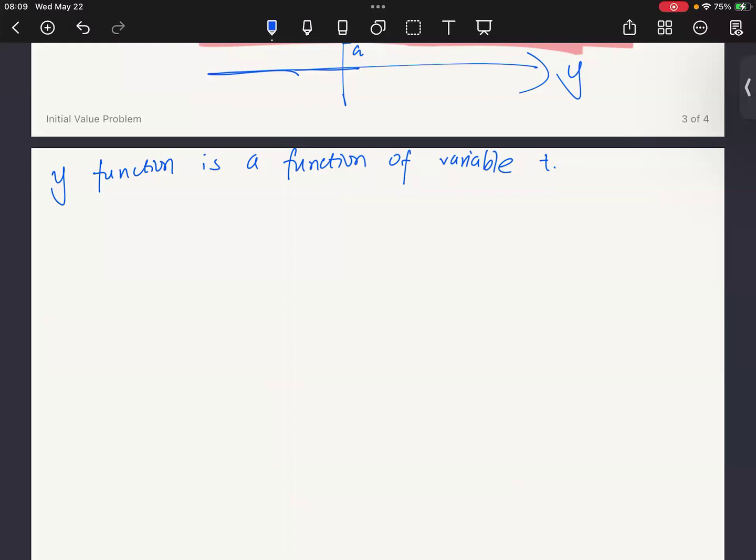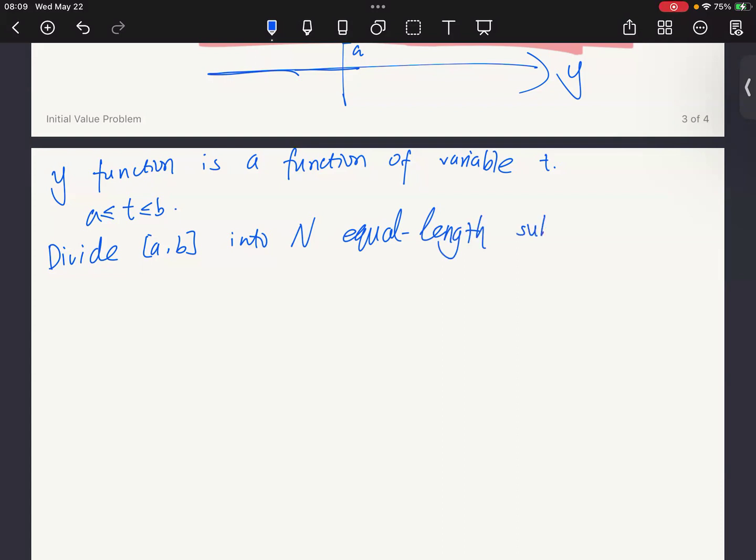In this assumption setting, t is in the domain [a, b], and we are going to divide this interval [a, b] into n subintervals of equal length.